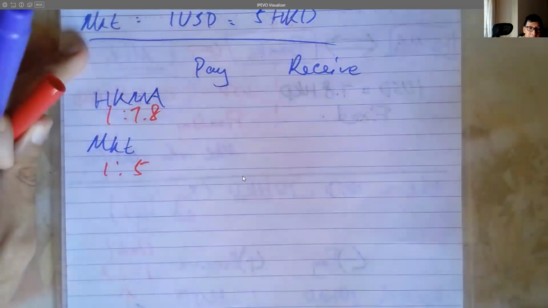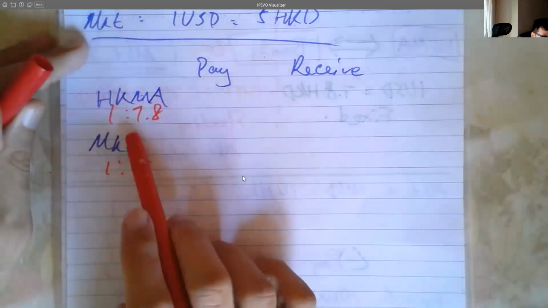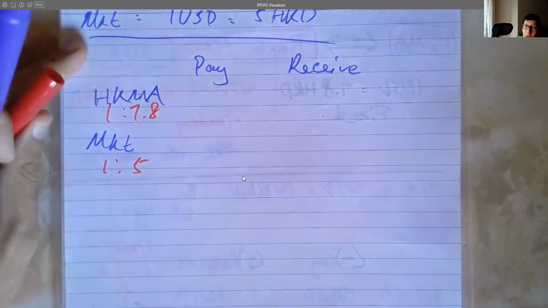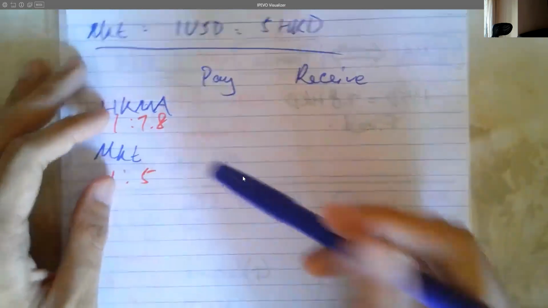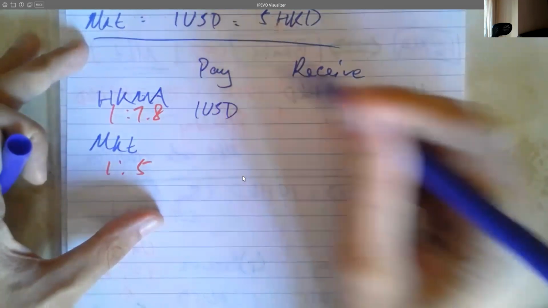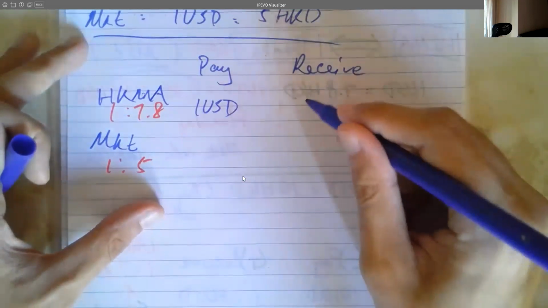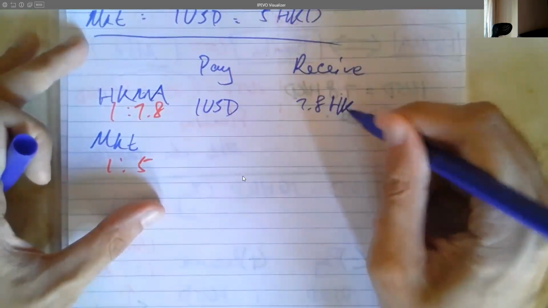Now, do you see? In terms of HKMA, right now the Hong Kong dollar is cheaper, right? You use US dollars to buy more Hong Kong dollars. So what would the banks do? They would pay 1 USD in order to buy 7.8 Hong Kong dollar.